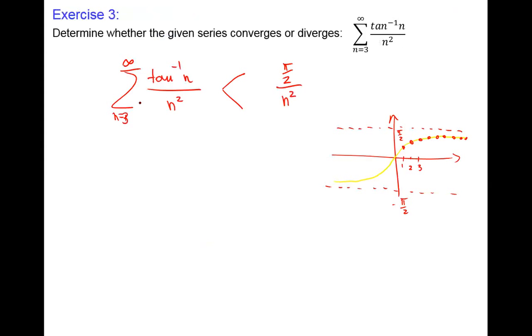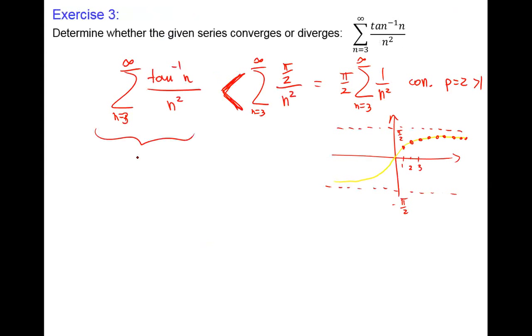I can keep 3, it doesn't matter. Then I can put the constant pi over 2 in front and 1 over n squared. And we all know that 1 over n squared is convergent because p equals 2 is greater than 1. That means this converges, and everything smaller converges too.